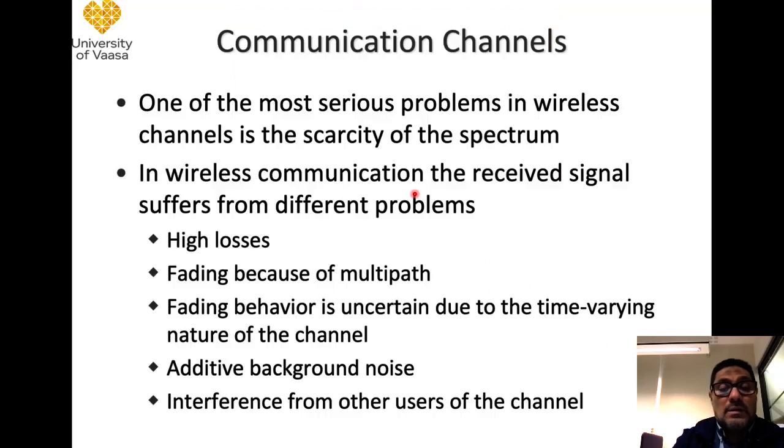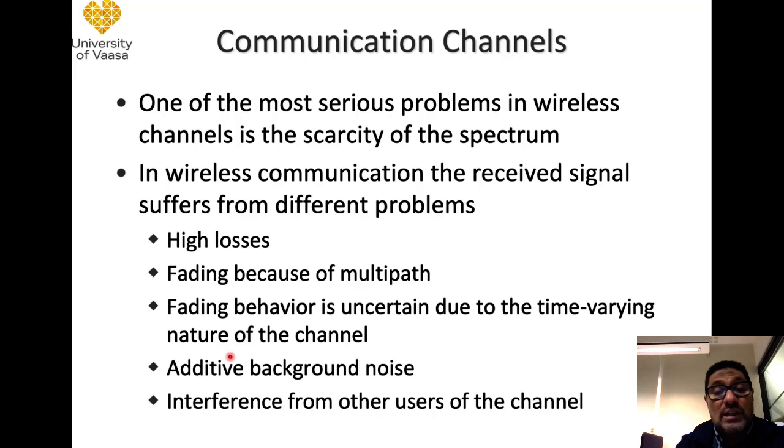But of course, in wireless communication, we also have a lot of problems like higher losses and fading because of multipath. The fading behavior is uncertain due to the time varying nature of the channel. The channel is dynamic, so everything can change very fast.